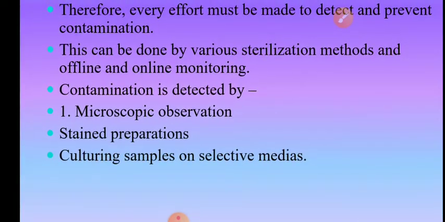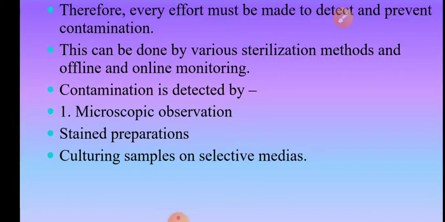Contamination can be prevented by sterilization methods, and it can be detected by offline and online monitoring. Contamination is generally detected by microscopic observation. You can microscopically observe the medium. You can stain it and check whether the wanted organism is present and the unwanted contaminating organism is not present.